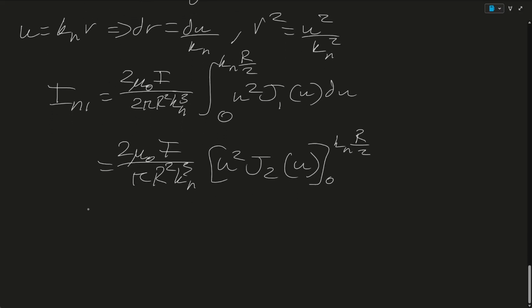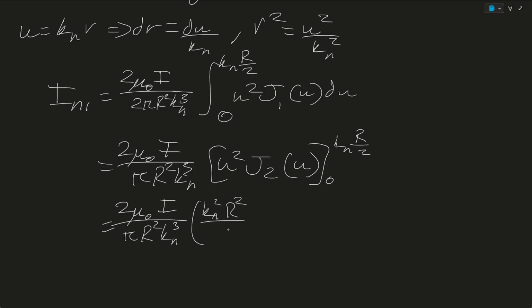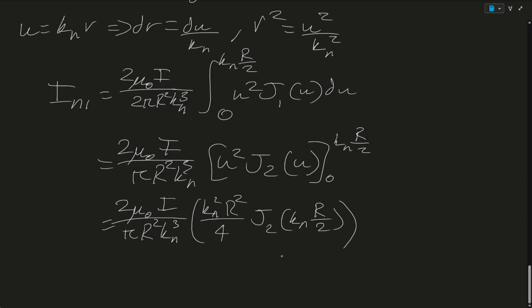Summing that in, 0 is fairly easy, so it just becomes 2 mu naught I over pi R squared k cubed times k_n squared R squared over 4 times J2 of k sub n R over 2. That's pretty good, apart from my bracket, which isn't.